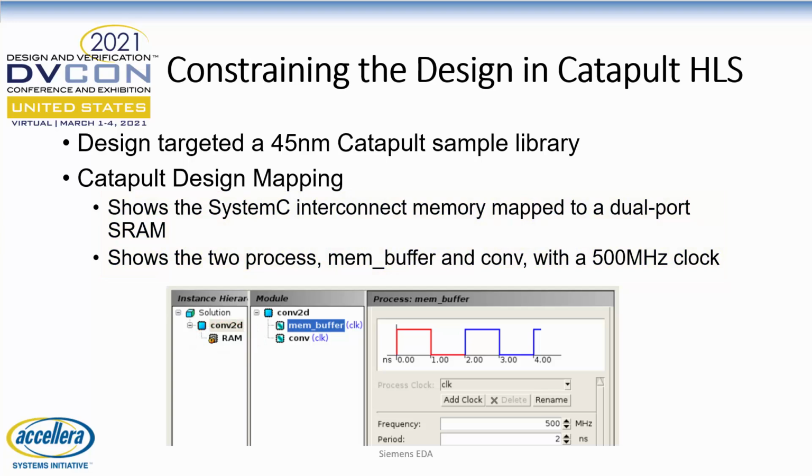And it also shows that there are two processes, one for reading the data from the memory interface, and the other for performing the convolution, the bias, the activation functions, and max pooling. Both of the processes are constrained to run with a 500 MHz clock frequency.